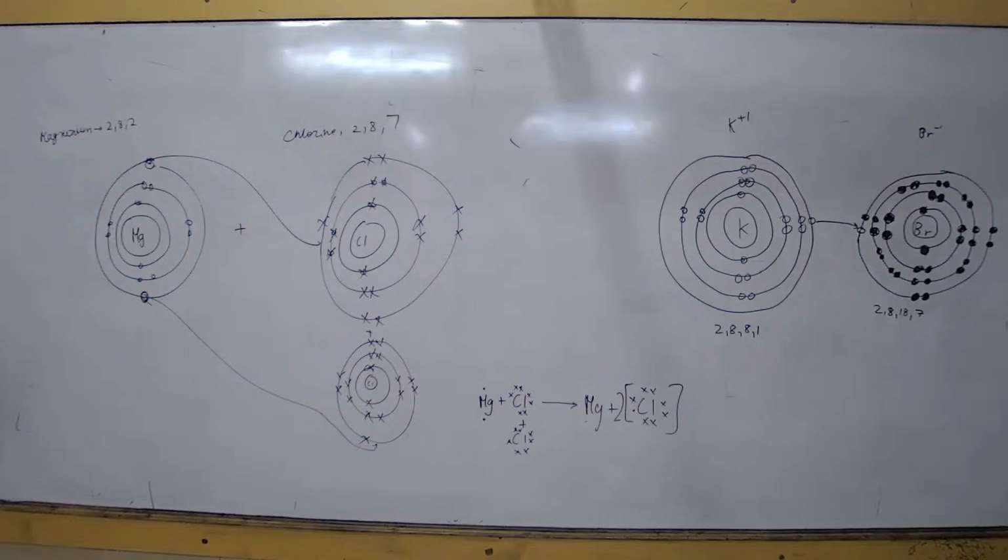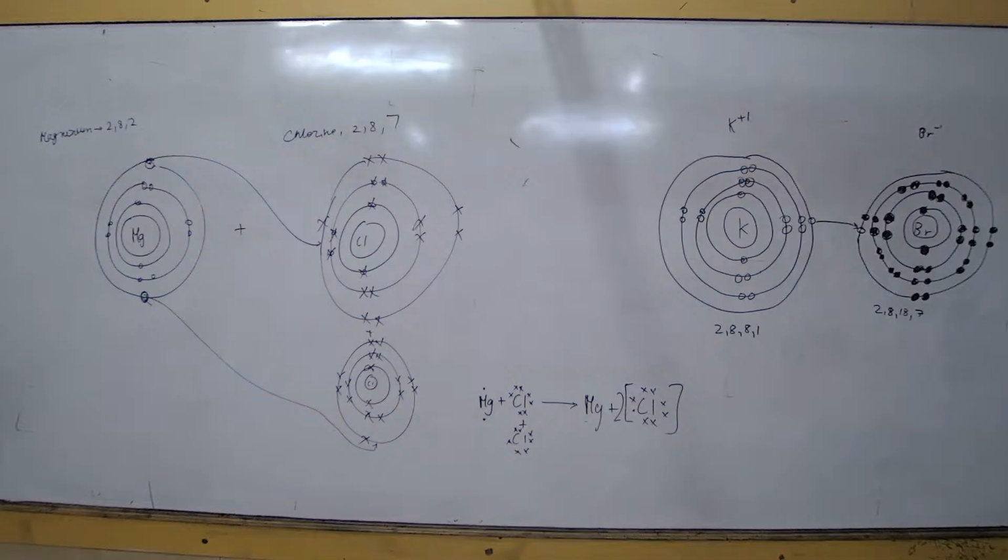An element A has 15 electrons and 16 neutrons. What will be the atomic weight? Element A has 15 electrons, so you will have 15 protons, and 16 neutrons.